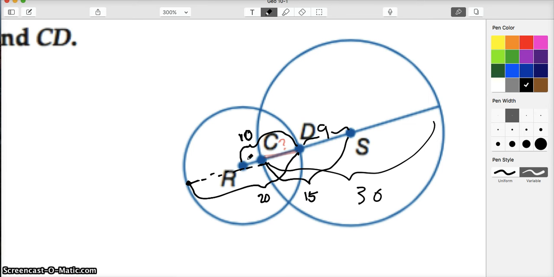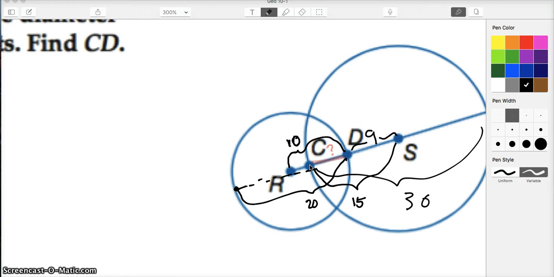So from C to D is 10, and from D to S is 9. If C to S is 15 and D to S is 9, then clearly CD is just going to be the difference between the two, which is going to give us 6.